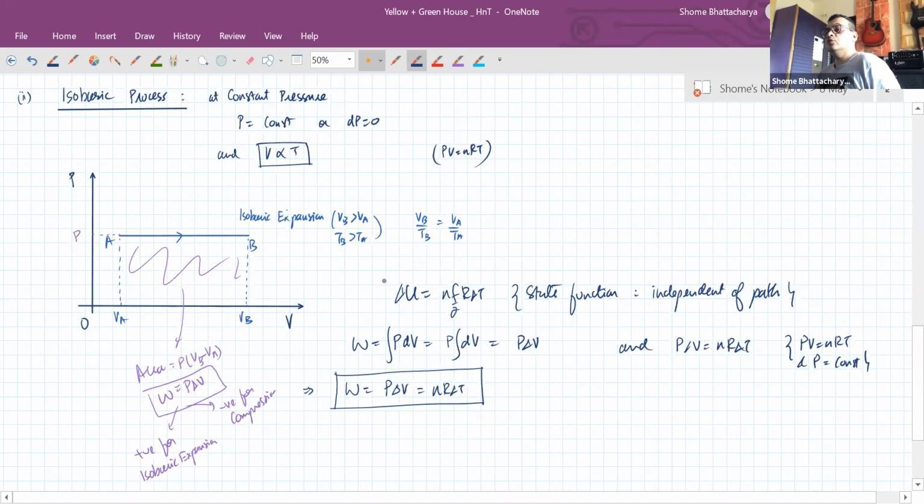Okay, so delta U of course is a universal formula, as I told you. So it doesn't change from process to process. It's the same for all.